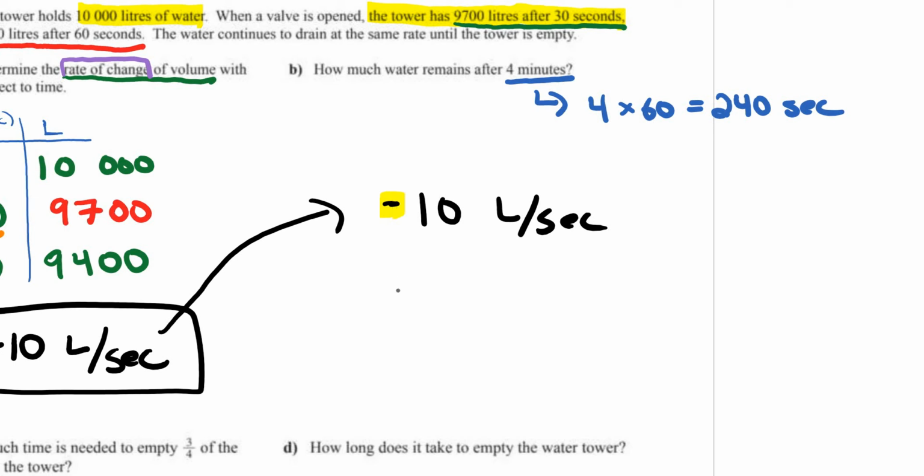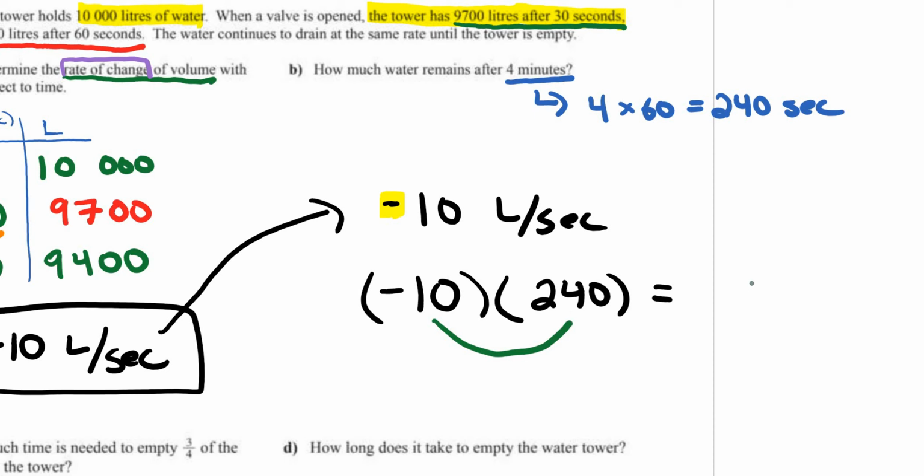So if I'm losing 10 liters per second, and the valve is open for 240 seconds, all right? And if I multiply these two numbers together, I get 2,400 liters. And since there's a minus sign, I'll put a minus sign there saying that after 4 minutes, we've lost 2,400 liters, right? We've lost that much water.